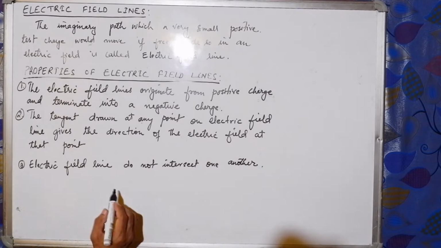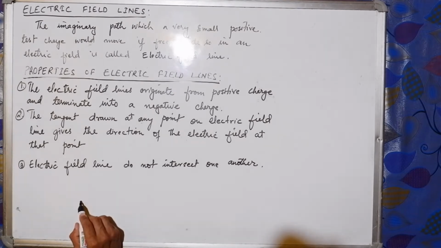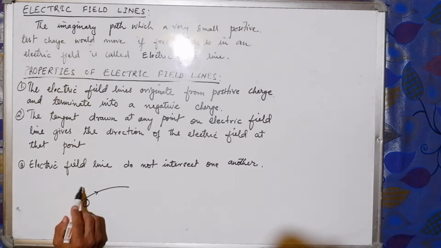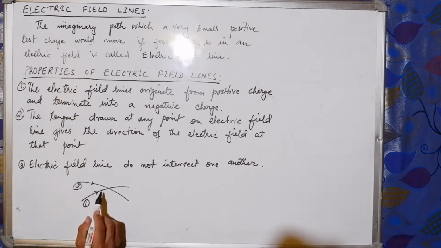For example, let us take two electric field lines. Let us say this is electric field line number 1, this is electric field line number 2. Let us say they are intersecting at the moment at point A. Now we know that electric field is a vector quantity.